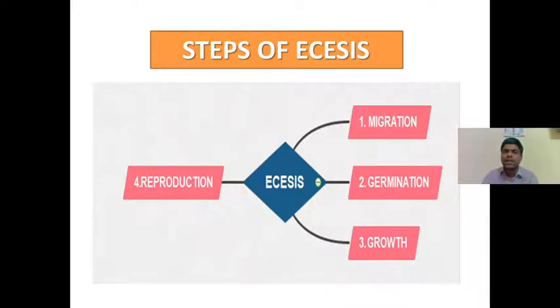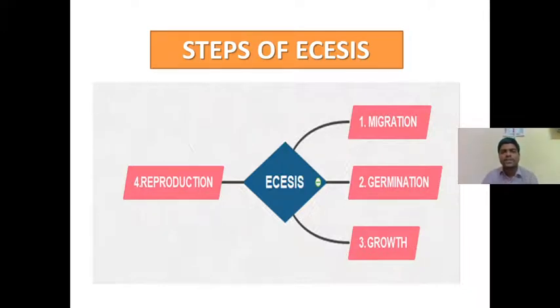So first the plant will migrate from one area to another area. If seed is there, then germination will take place. If a plant part is there, then growth and development will take place. And successive growth and development will continue for 2 years, 4 years, 10 years, depending on the lifespan of that plant.